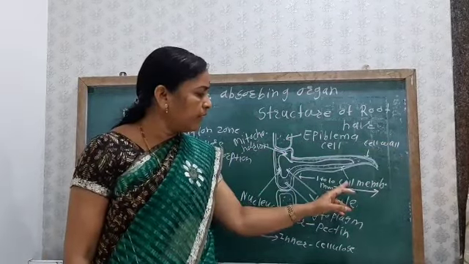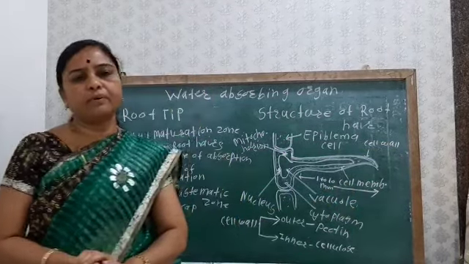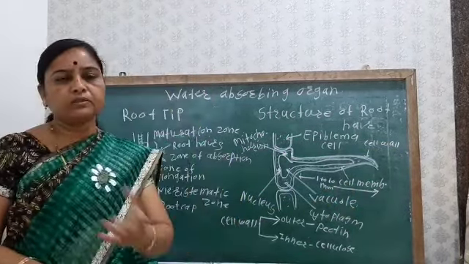But the cell membrane is semi-permeable, or selectively permeable, because through the cell membrane only selected solutes and solvent are transferred. So it is known as selectively permeable. Okay, so here are the cell wall and the cell membrane.